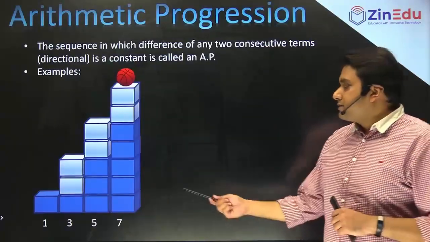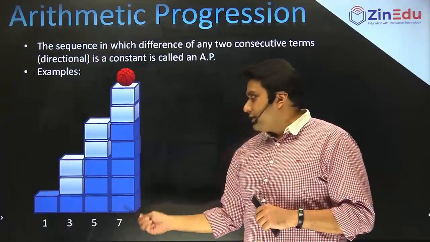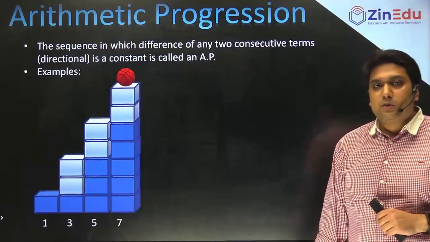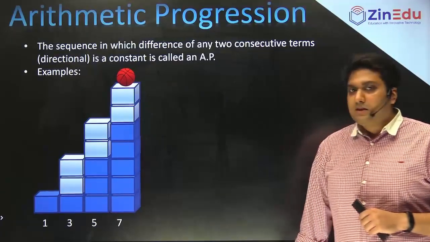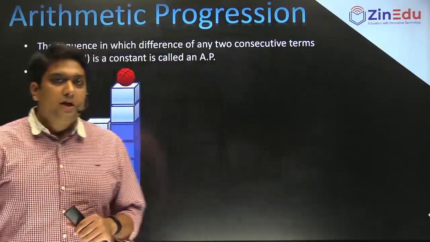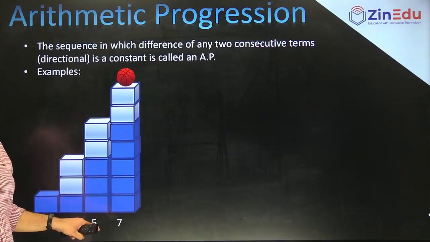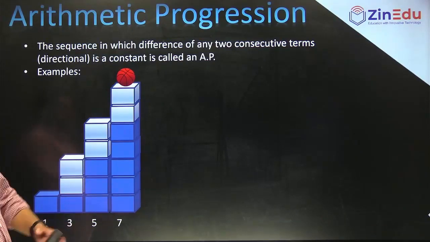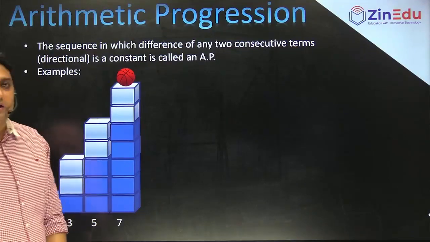So it is a certain kind of sequence, 1, 3, 5 and 7. That means it is an example of an AP in which the common difference between two terms is 2. The constant difference that we are talking about has to be 2 in this particular case.